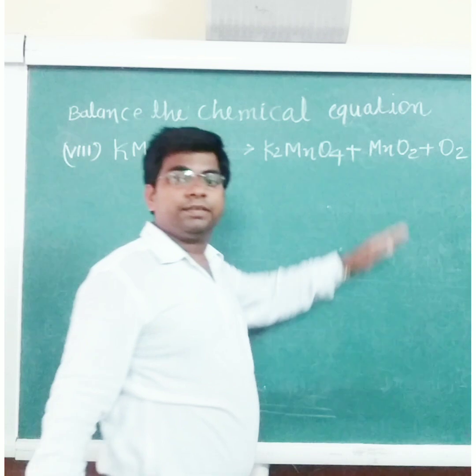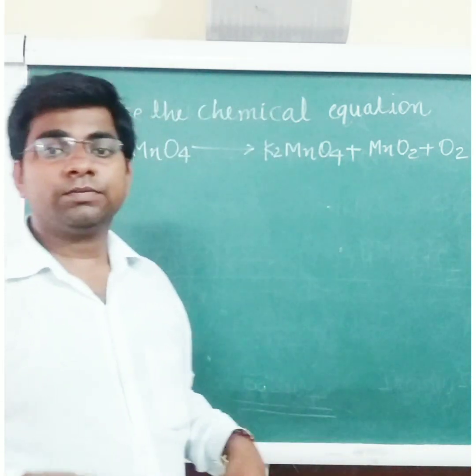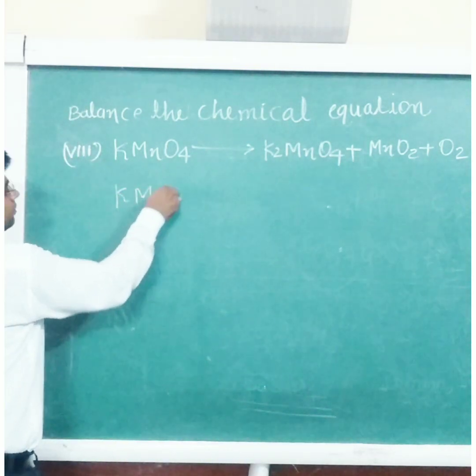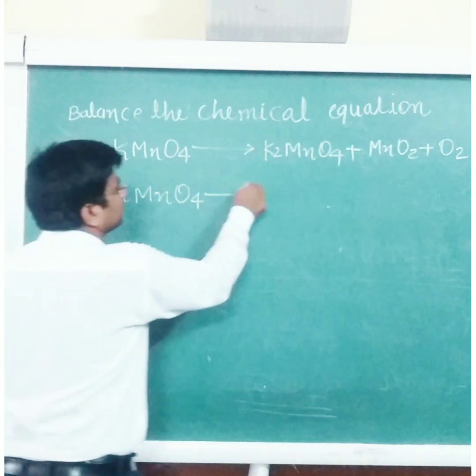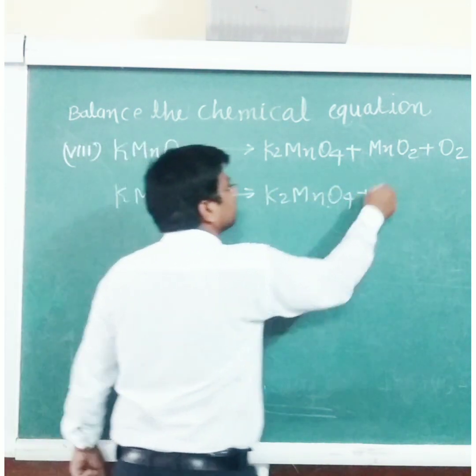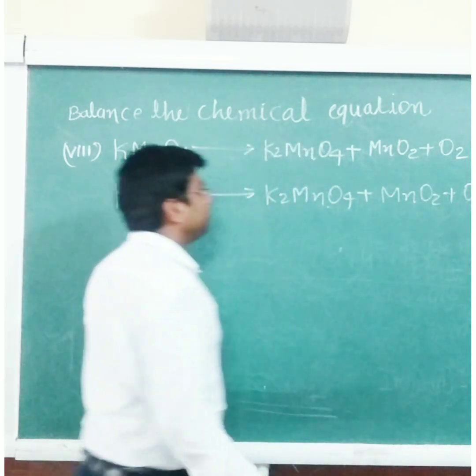There is also one elementary gas given, oxygen. First we need to write the oxygen from molecular form to atomic form. K2MnO4, MnO2 plus O. Now we need to balance.